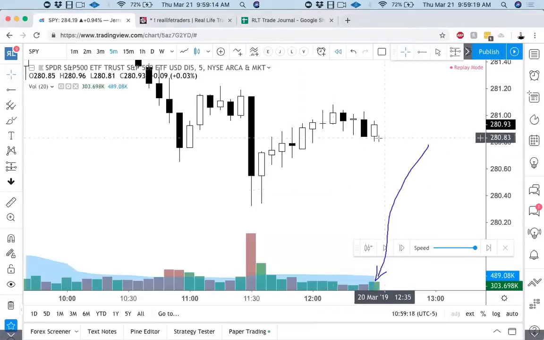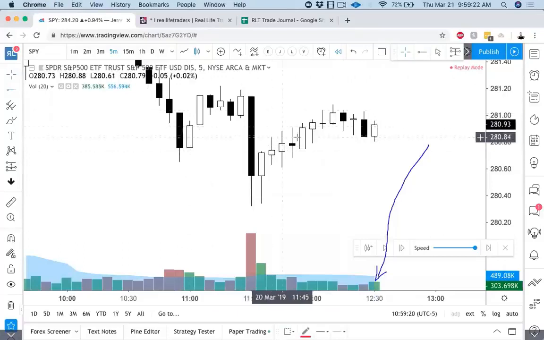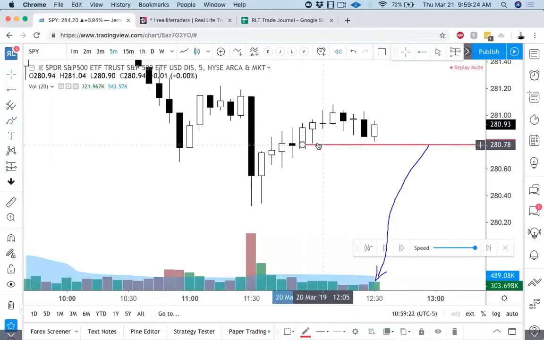This volume candle tells me that if we take out the low of these two candles, this candle right here because it has a nice lower shadow, and this candle right here because it has a lot of bullish volume, then the bears are either back in control, or it's very sideways, or I just don't want to be in the trade anymore. But notice how the volume on this candle is higher than the bearish volume.